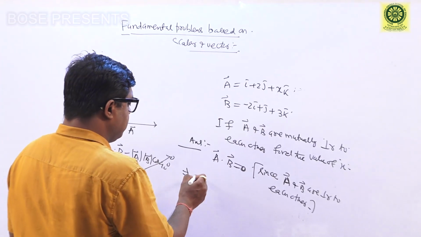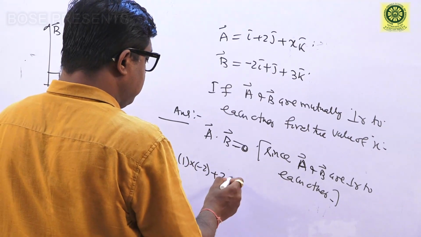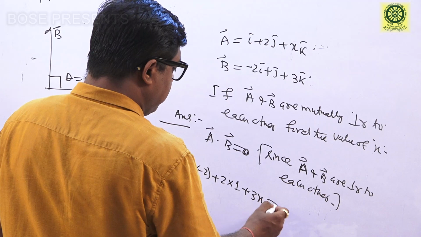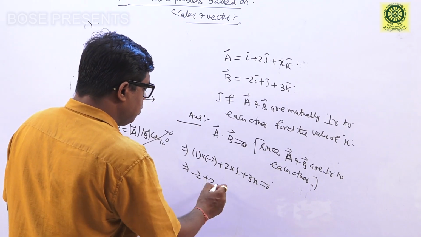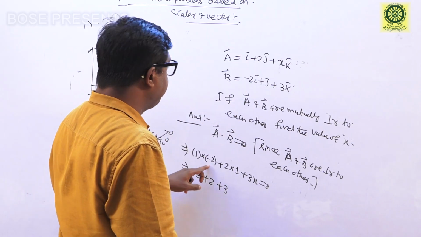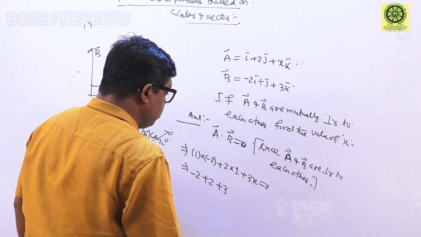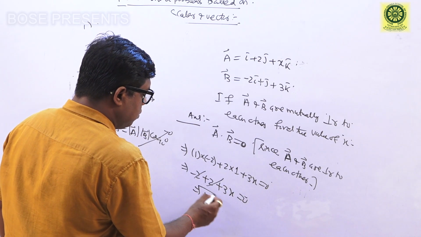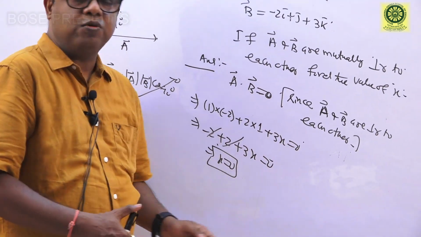It is 1 into minus 2 plus 2 into 1 plus 3 into x, which is equal to 0. That is minus 2 plus 2 plus 3x is equal to 0. Then 3x is equal to 0, so x is equal to 0. So if A and B are mutually perpendicular to each other, then the value of x is equal to 0.